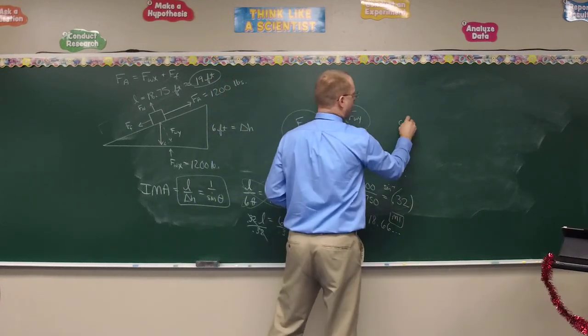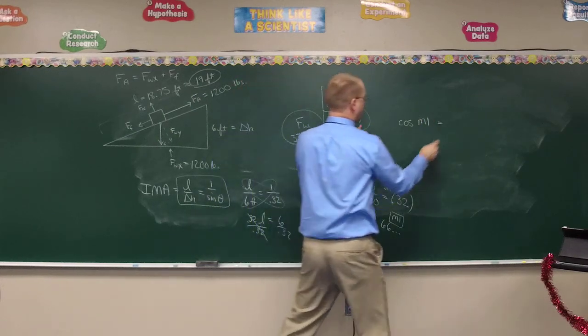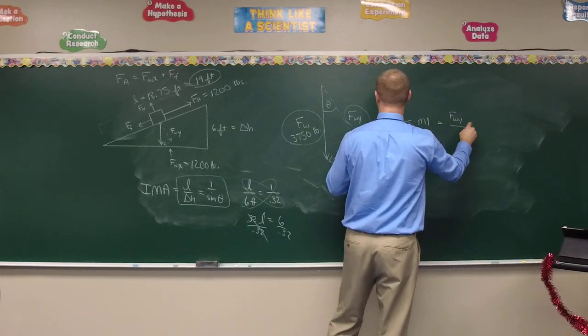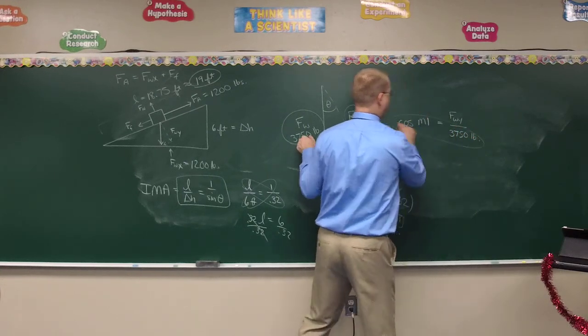Cosine. I know the cosine of the memory value 18.66 blah blah blah degree angle equals the adjacent weight in the y over the hypotenuse, 3750 pounds. Can we just cross multiply?